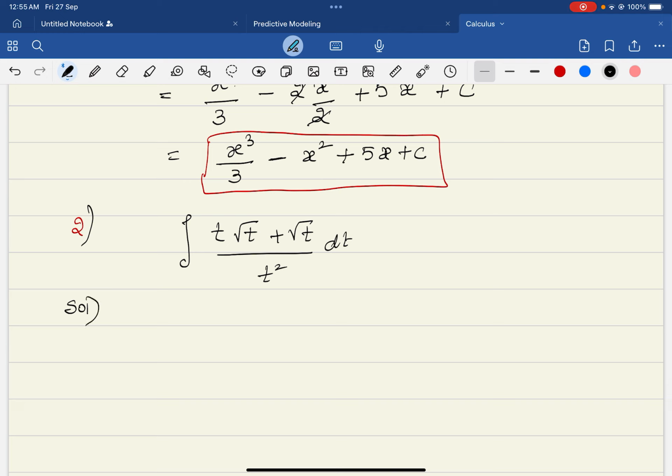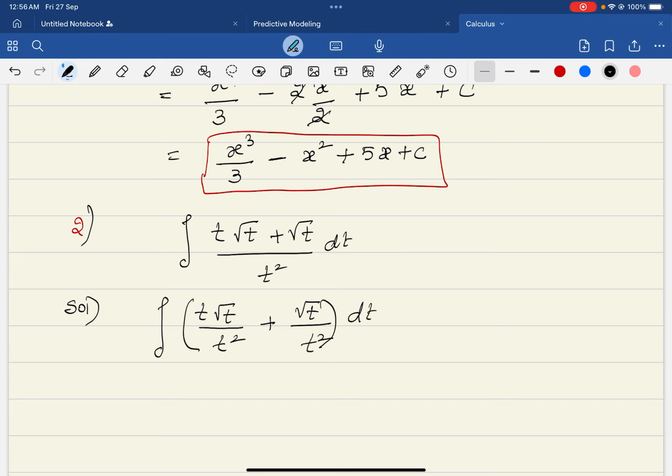We split this as t root t by t square plus root t by t square, dt. So the method of splitting is like this.